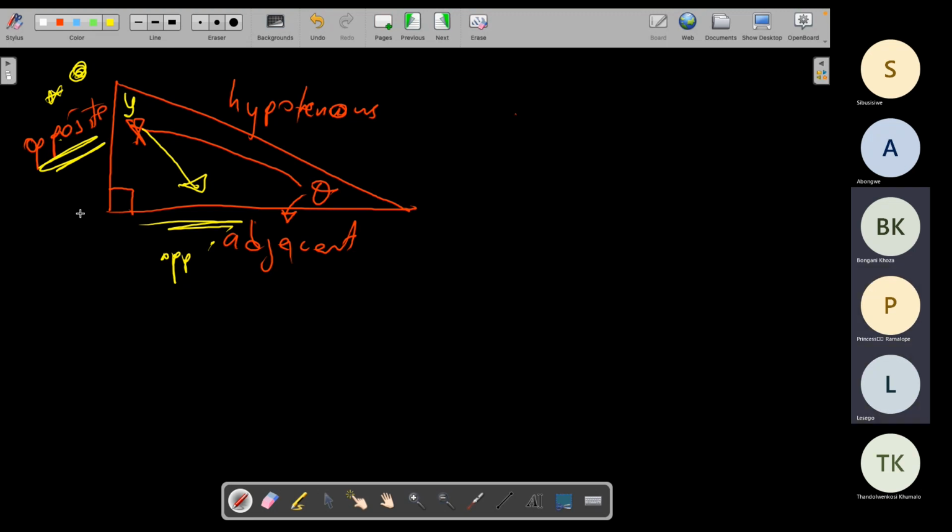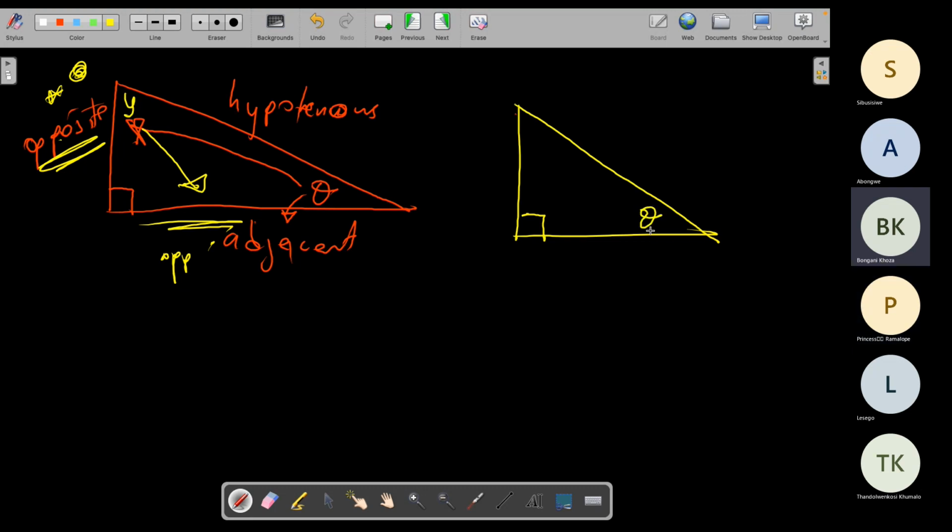It says the opposite depends on where the angle is facing. So if this is my theta, this is opposite for theta. So opposite depends on where theta is positioned. If this is our next angle, maybe x, the opposite for x is this side over here.